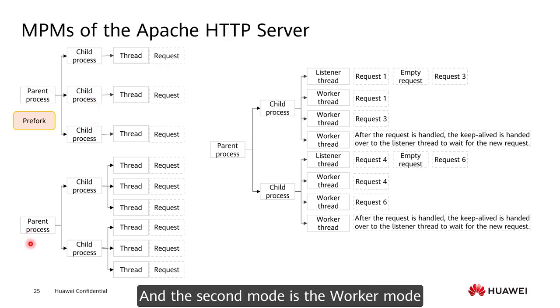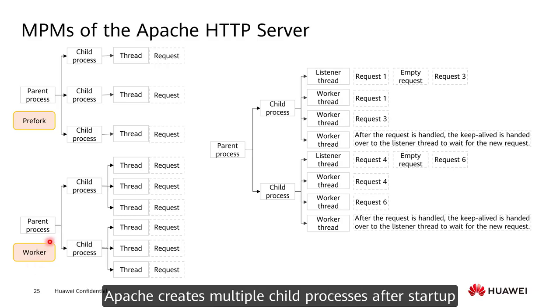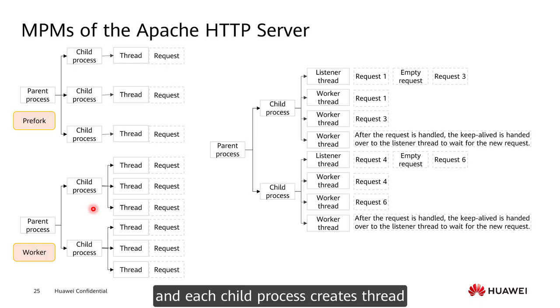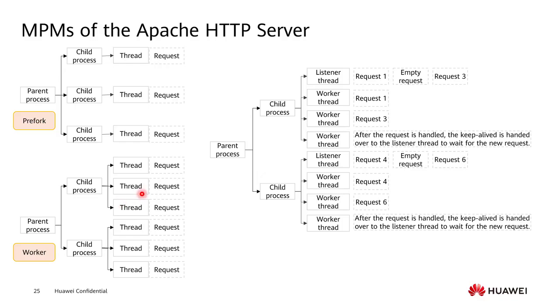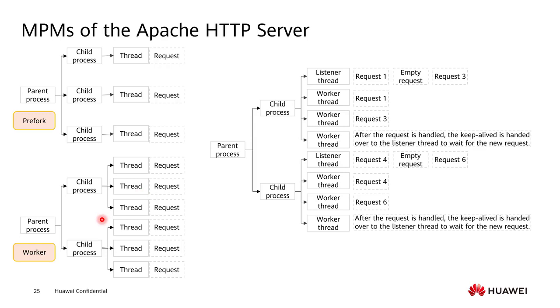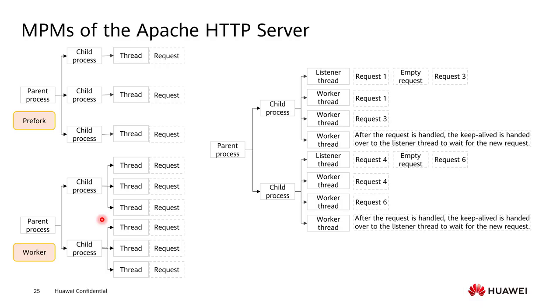And the second mode is worker mode. It means Apache creates multiple child processes after startup, and each child process creates threads to respond to connection requests. This mode occupies fewer resources and can handle a large number of concurrent requests.